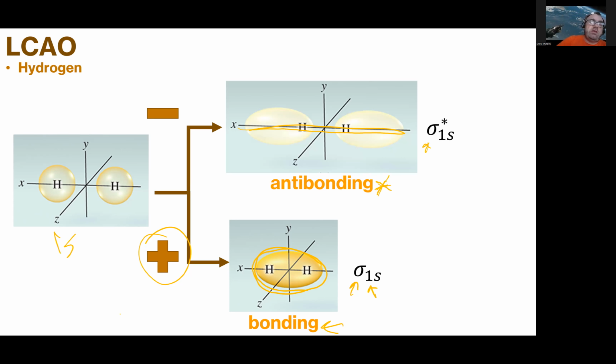But if you notice, there's a node in the middle that is breaking the bond. So the anti-bonding orbital breaks the bond, and the bonding orbital is making the bond. So we're making and we're breaking.